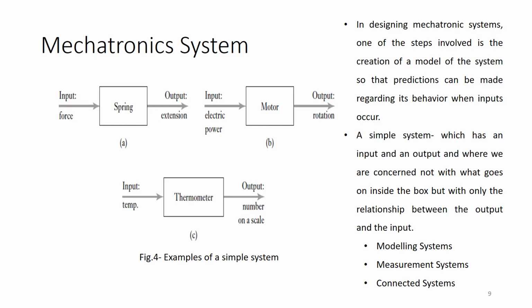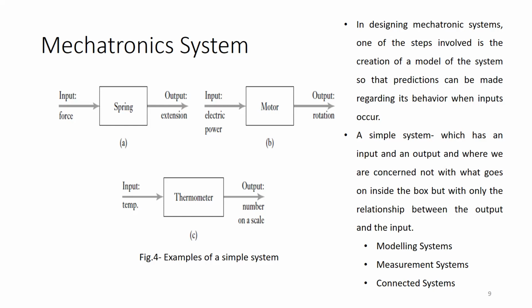Okay. So the thermometer is another type of system where the temperature is sensed and converted into some useful form so that somebody is able to understand the output. Otherwise, you cannot just sense and give the rating of the temperature as such.